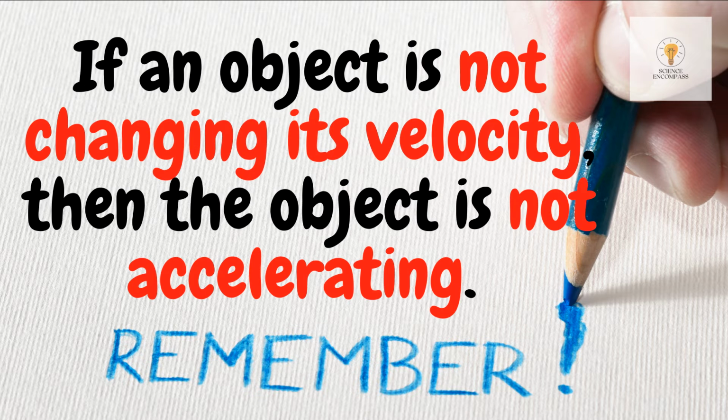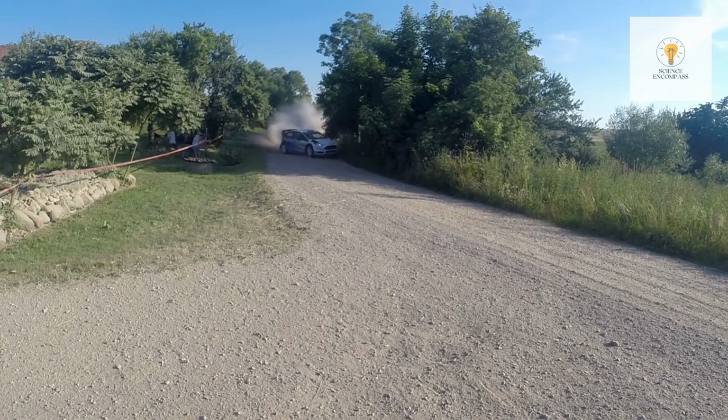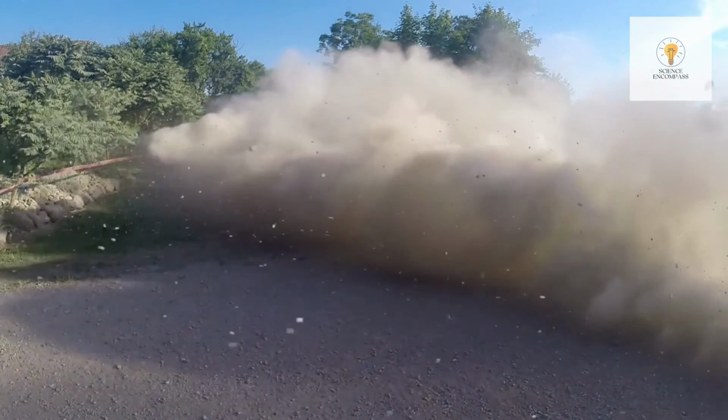In other words, if an object is not changing its velocity, then the object is not accelerating. So, the velocity needs to change and not remain a constant, and only then the object is accelerating. Anytime an object's velocity is changing, the object is said to be accelerating.